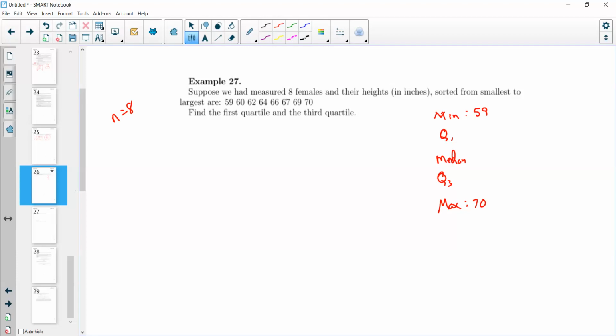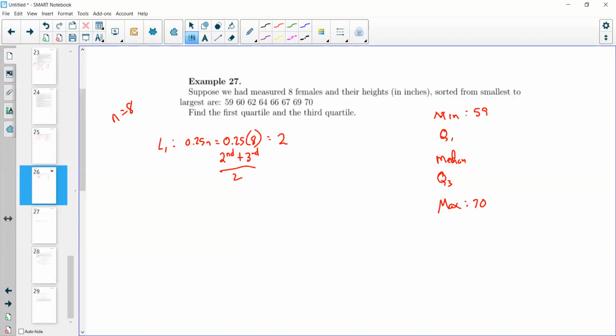Okay, Q1. So we want the location of Q1. We take 0.25 times n, 0.25 times 8, which is 2. So when we get a whole number, we take the second, in this case, plus the third, divide it by 2.